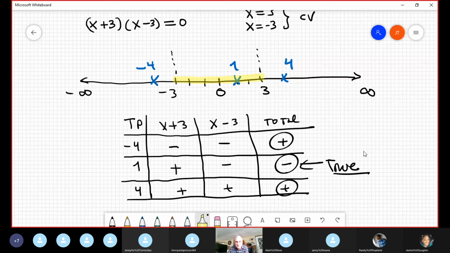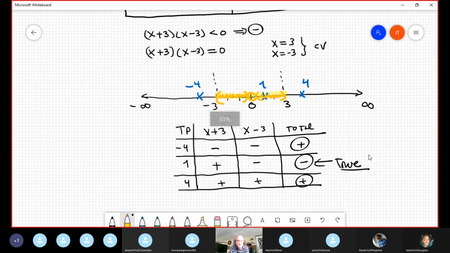But don't forget, at 0 we have a hole. In this case, put like a yellow hole. So what is my final answer? My final answer is this interval. Of course, parentheses, parentheses. The final answer in interval notation is from -3 to 0. Not including 0. 0 is completely outside the game.